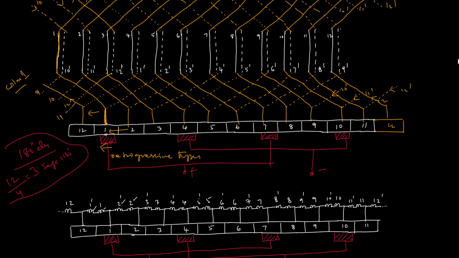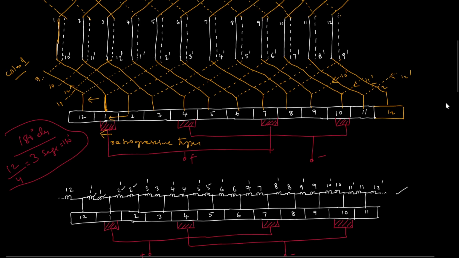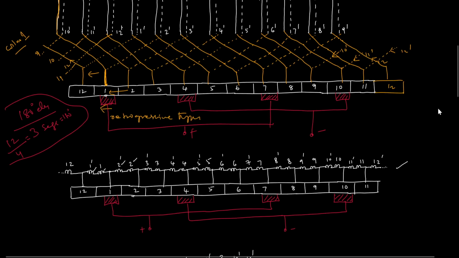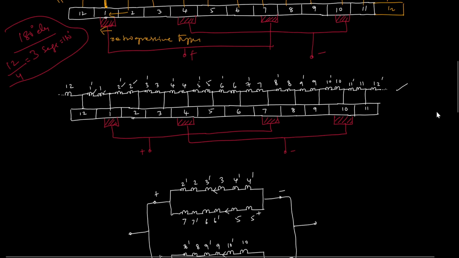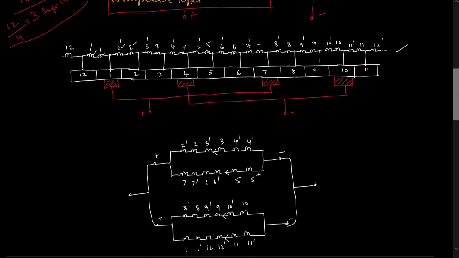So likewise, between 3 and 2, between 4 and 3, like that, between 11 and 10, all coils I have represented like this. Wherever you feel doubt, you can raise the question to me.